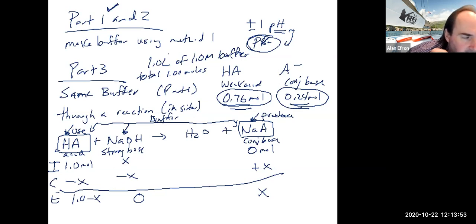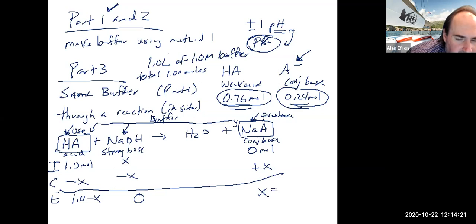So the goal here is, in your reaction, you need to get rid of all of the strong acid or strong base. So in my case, the base needs to be used up completely. So if I go back through this, the one thing that I do know is my base in my buffer, my conjugate base, should end up being 0.24 moles.